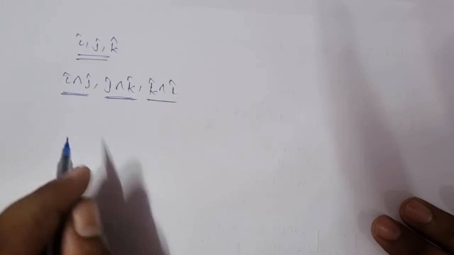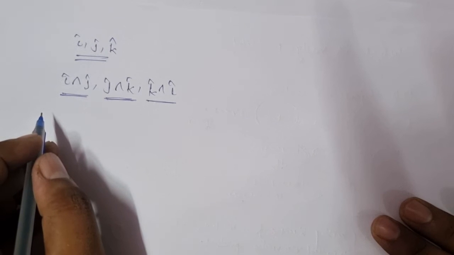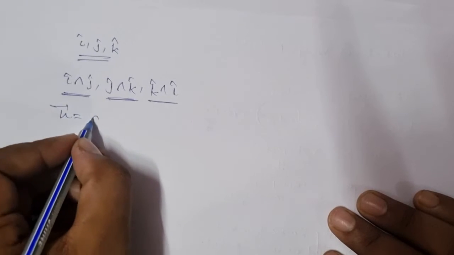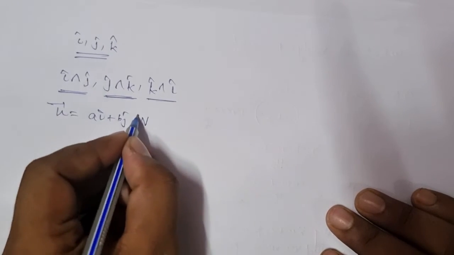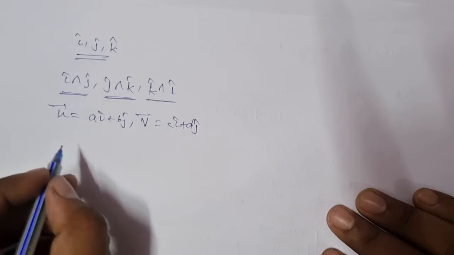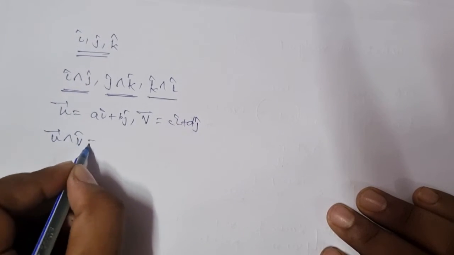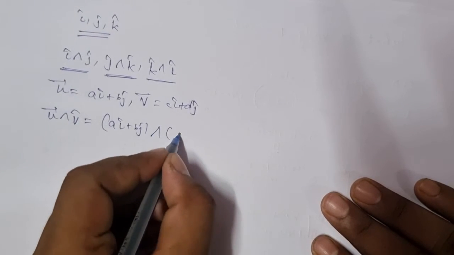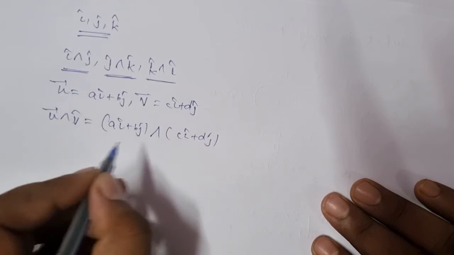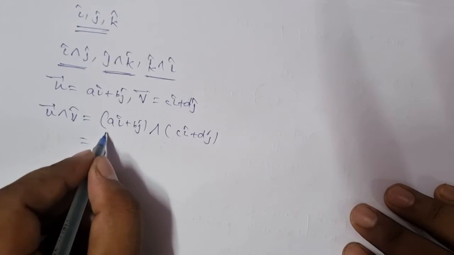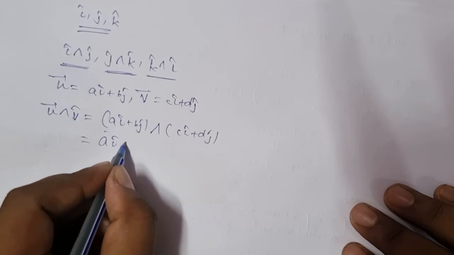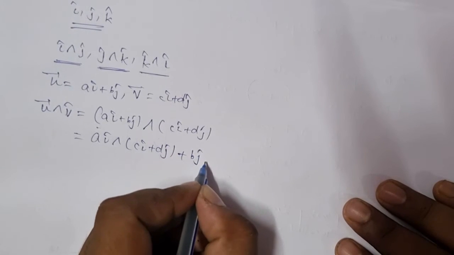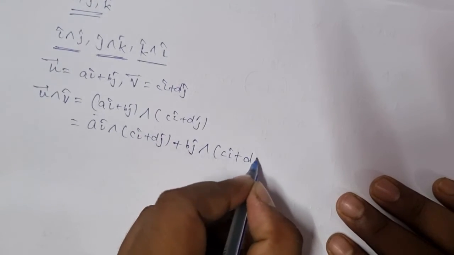Suppose we are given some vectors and we want to find the resultant bivector. Suppose you are given u equal to a i cap plus b j cap and v equal to c i cap plus d j cap. If you want u wedge v, then you have to follow some rules. First, wedge product is distributive, so these brackets can be distributed: a i cap plus b j cap wedge c i cap plus d j cap.